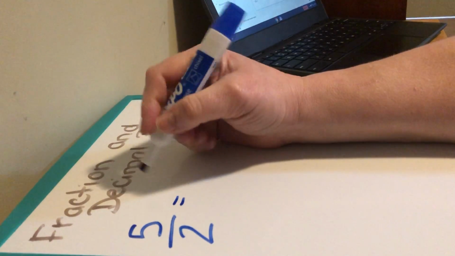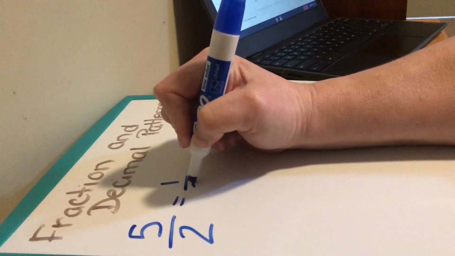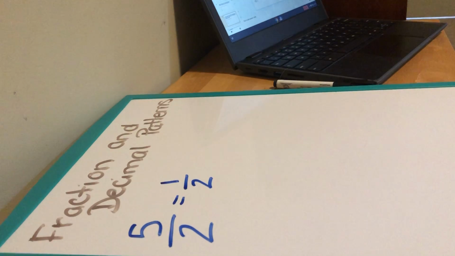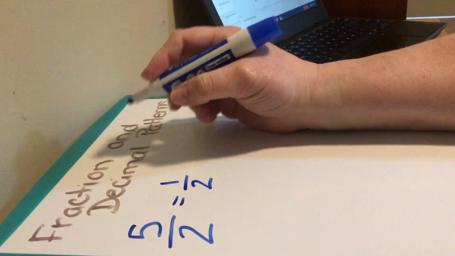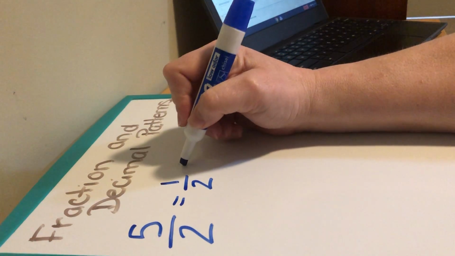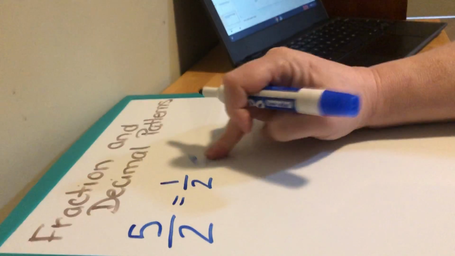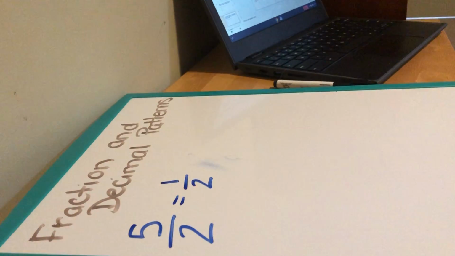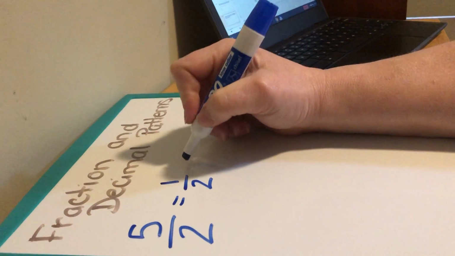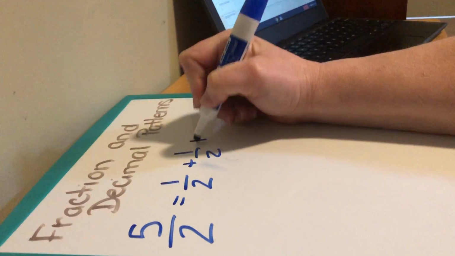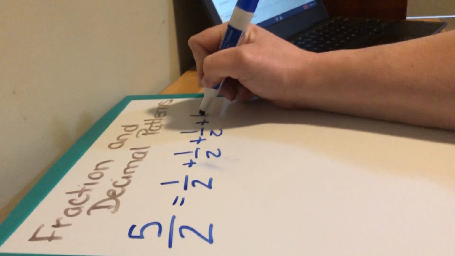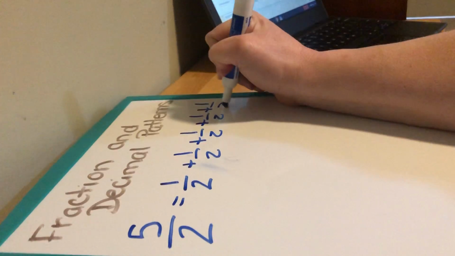So I know that the unit fraction is 1/2, and I would need 5 of these. So I could do 1/2 plus 1/2 plus 1/2 plus 1/2 plus 1/2.